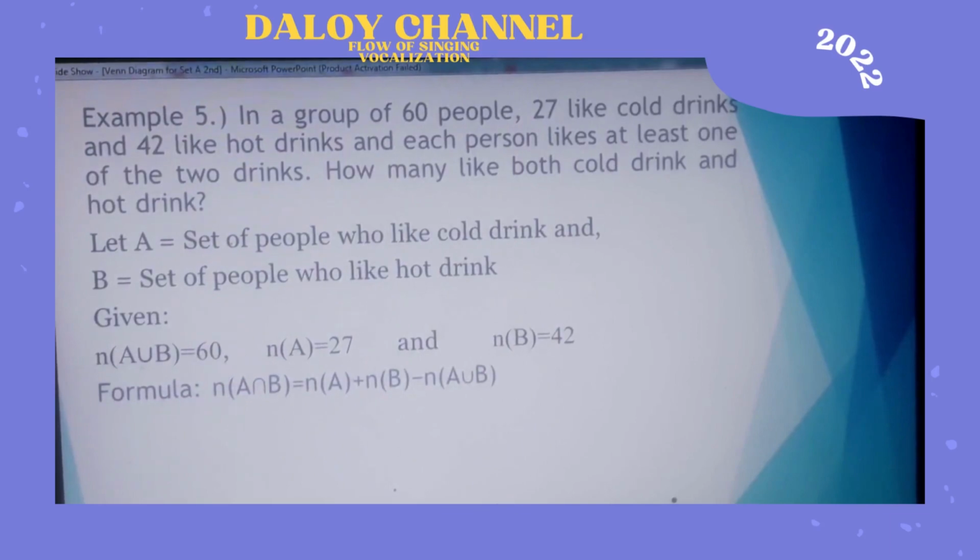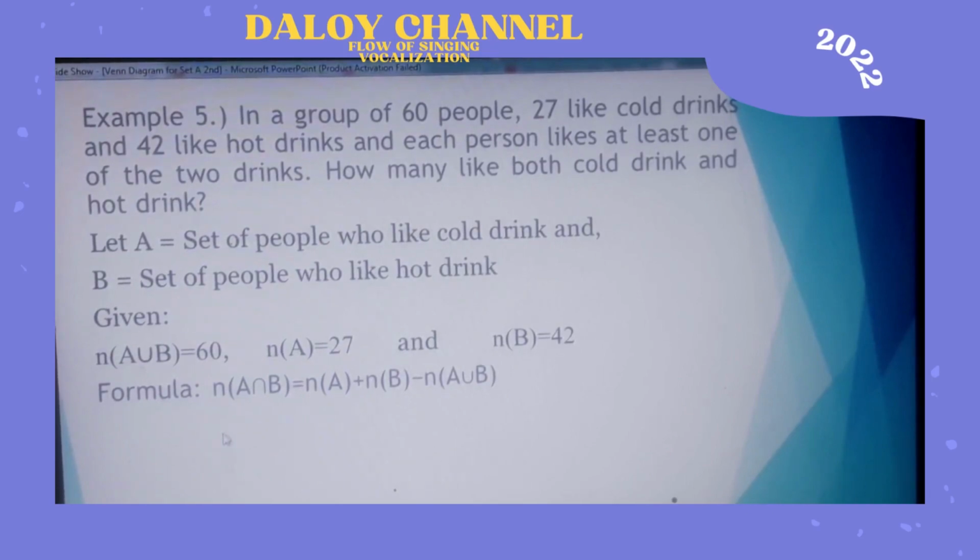Given in this case, in a group of 60 people, meaning this would be the cardinality of the union of set A and set B. So we have 60. And the cardinality of A is exactly 27 originally, and the cardinality of B is 42.